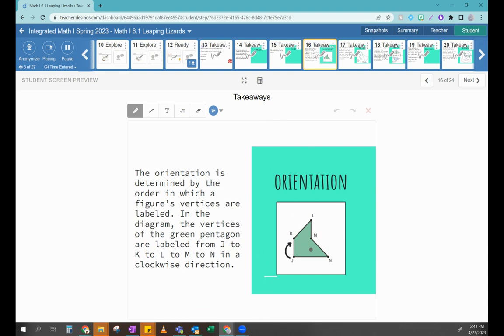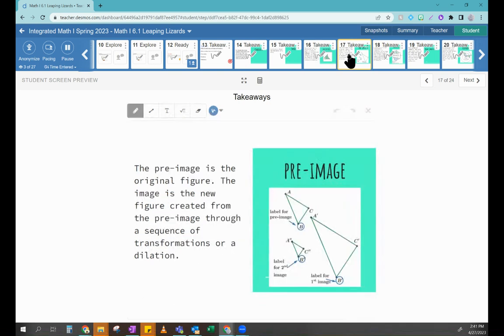So orientation also has to do with the way it is sitting, right? Like if I'm facing you and you're facing me, our orientation is different, because we're facing in different directions.